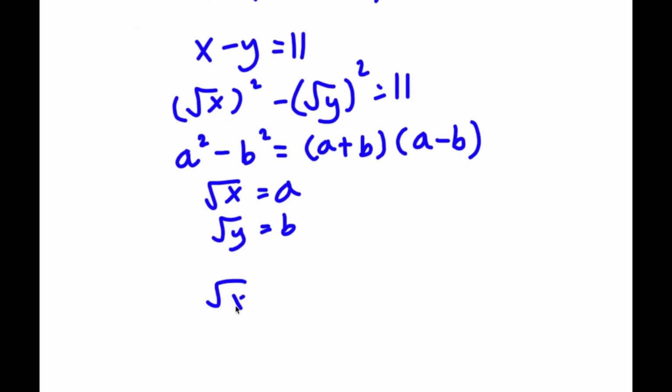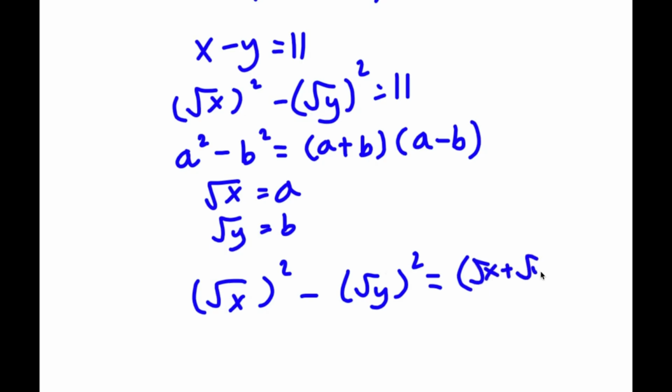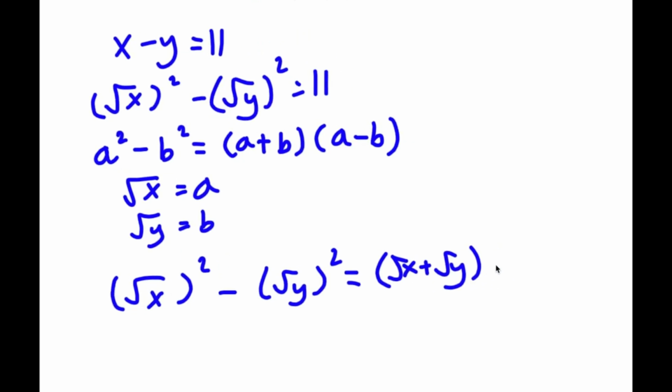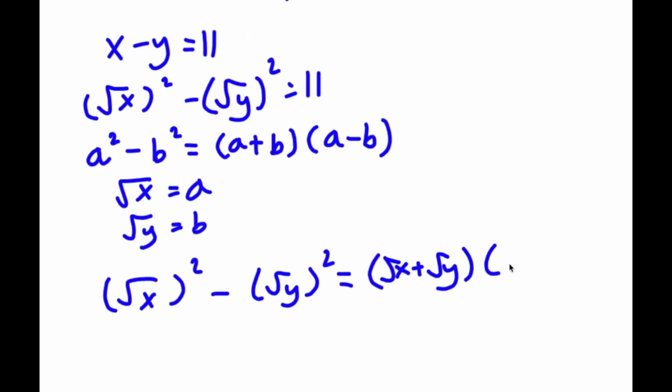So the square root of x squared minus the square root of y squared is going to equal a plus b, so the square root of x plus the square root of y, times a minus b, so the square root of x minus the square root of y.